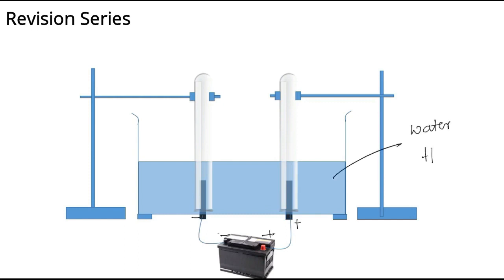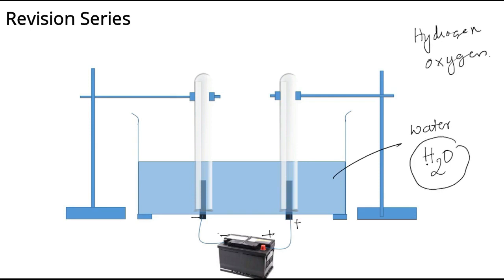Water is given the symbol H2O. It is made up of hydrogen as well as oxygen. In one molecule of water, 2 parts of hydrogen are there, whereas 1 part of oxygen is there. So you have many H2O molecules all over here.